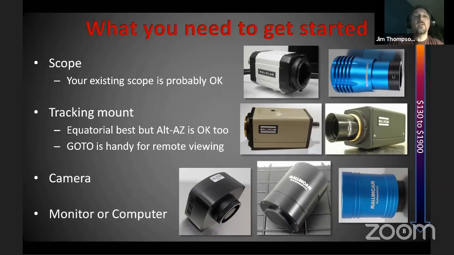And the final thing that you need to have is some way of displaying the video. So if you're using an analog video camera, like this one here, or this one here, you can put the video right into a TV monitor. You don't need to have a computer. You can just watch the video stream separately.